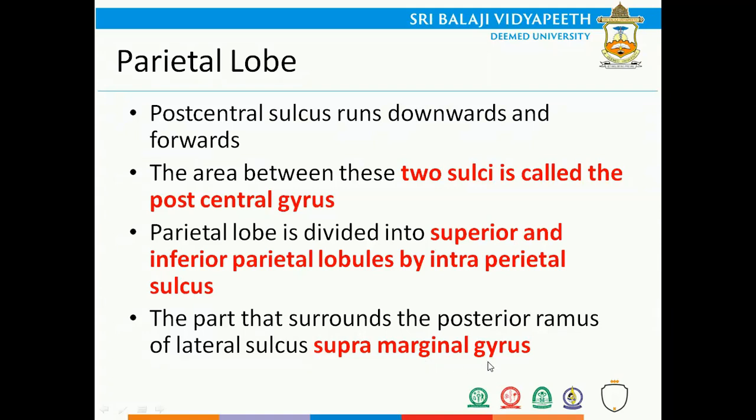As I said, the parietal lobe is differentiated from the temporal lobe by a turn that is very closely seen to the lateral sulcus, what we call the angular gyrus or the supramarginal gyrus. The angular and the supramarginal gyrus differentiate the temporal lobe from the parietal lobe. And the parietal lobe is mainly divided into two halves, the superior and the inferior parietal lobules, by the intraparietal sulcus.